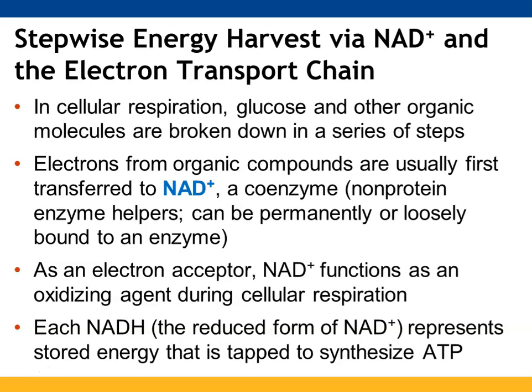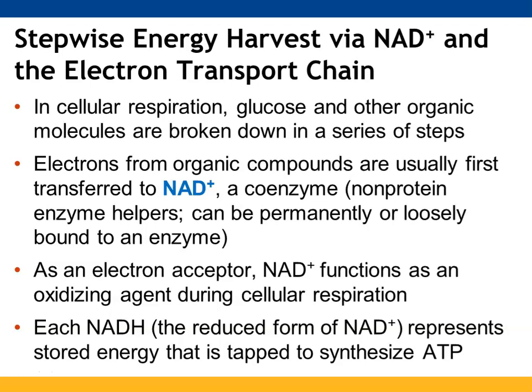So there are two helpers that make this possible. NAD plus is one of them, sometimes called NAD. And these helpers, in NAD's case a coenzyme, are able to have both oxidized and reduced forms. And so when they accept an electron, they also accept a proton.